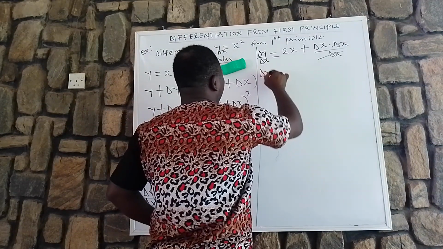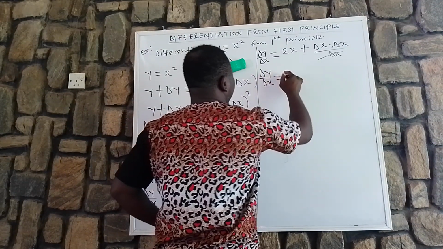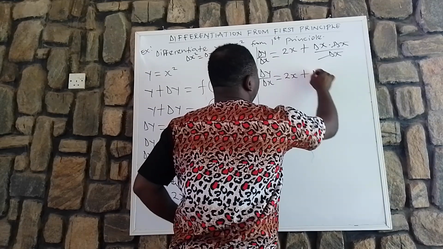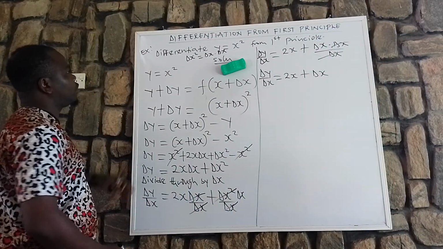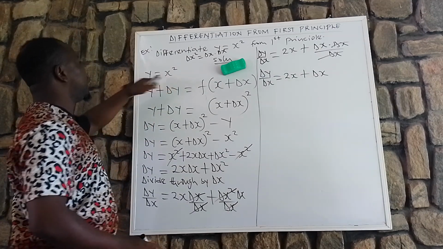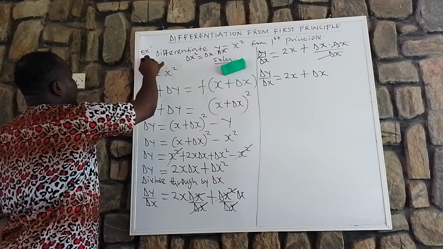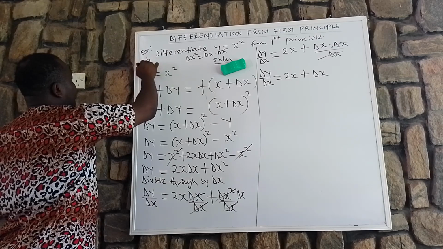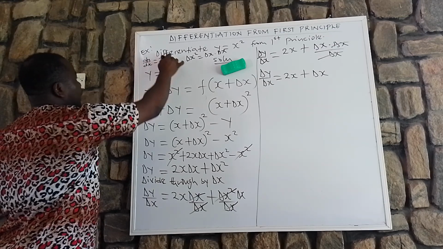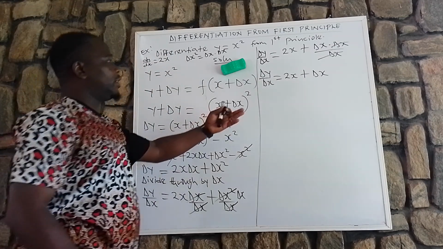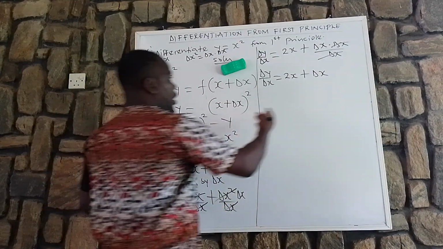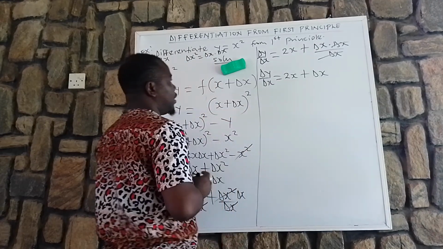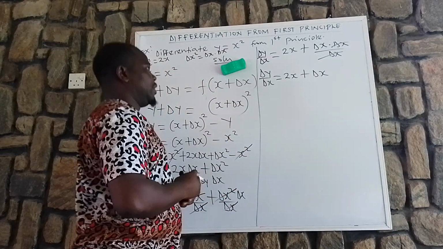So our dy all over dx is equal to 2x plus dx. You know, initially I told you that if we differentiate this function directly, we are going to have our dy all over dx giving us 2x, isn't it? So with this, we will obtain at the end of the day 2x.